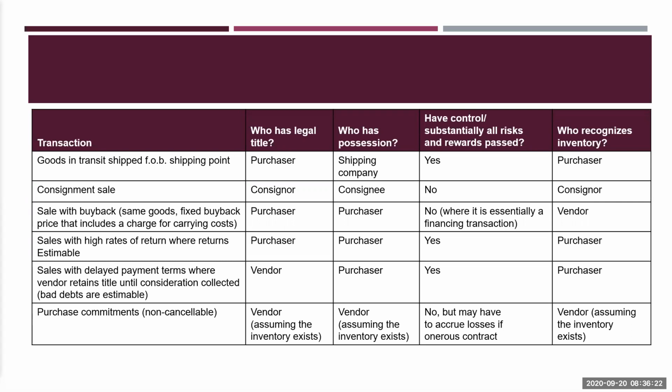The risk and rewards have passed on, so the purchaser will record the inventory. And if we have any purchase commitments which are non-cancelable, then the vendor has the legal title and the possession, and will record the inventory, although the risk and rewards have not passed.